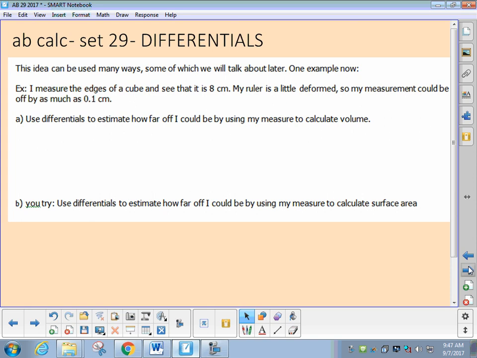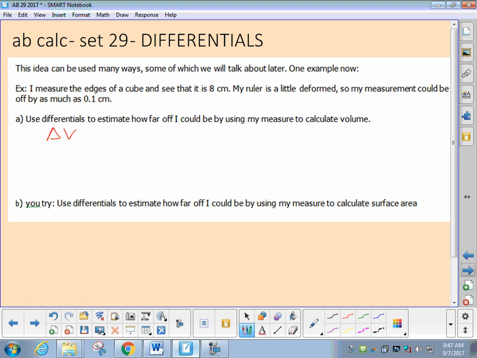I'm going to do one for the volume with you, and then you'll try to do the same idea on the surface area, and hopefully you'll see how it works and it'll go well. All right, so check this out. If I wanted to figure out how much my volume could be off by my edge being off, then really I want to find the change in the volume that happened by going from 8 to 8.1 if I had error.